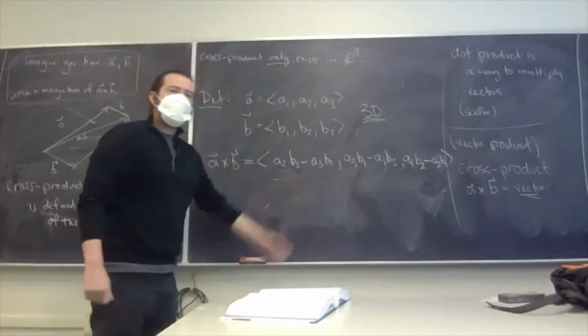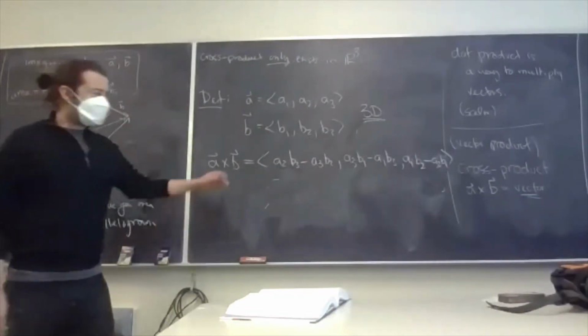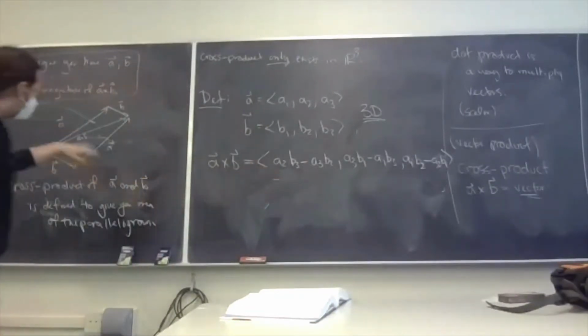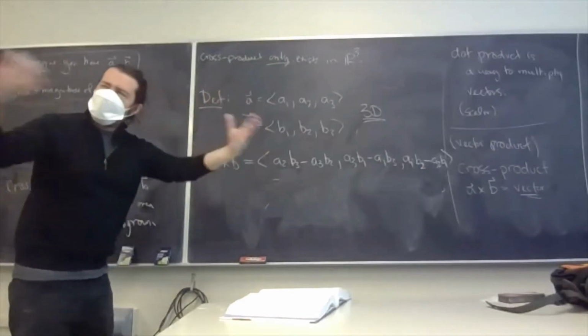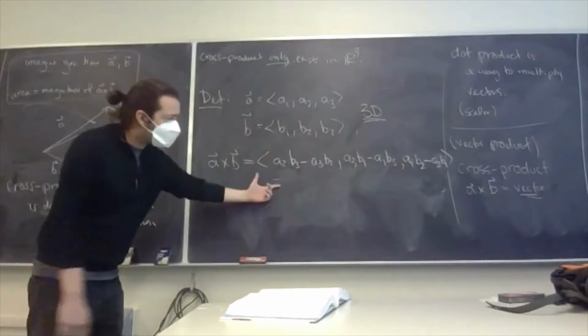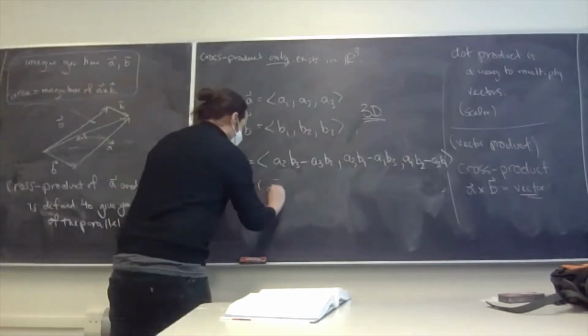Now that's an ugly formula, hard to remember. But this is chosen specifically so that you can actually figure out using a long-winded computation that this particular definition gives you, when you take the magnitude of that vector, the area of this parallelogram off the other side. It just sucks to remember, so don't remember this.